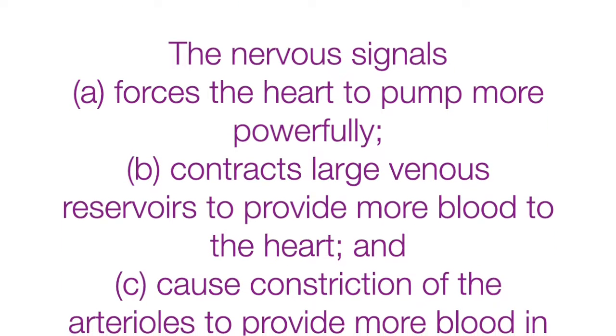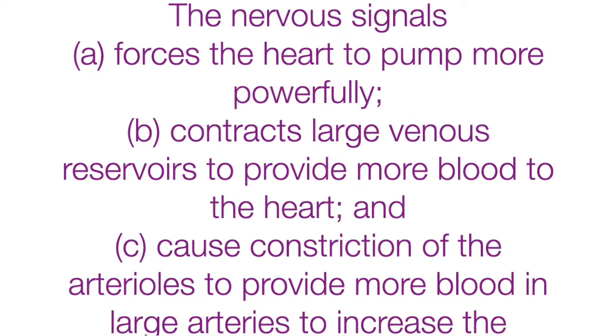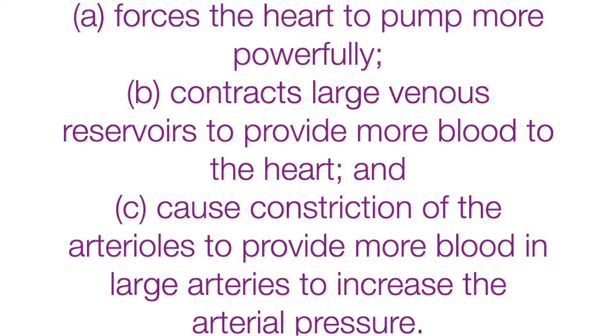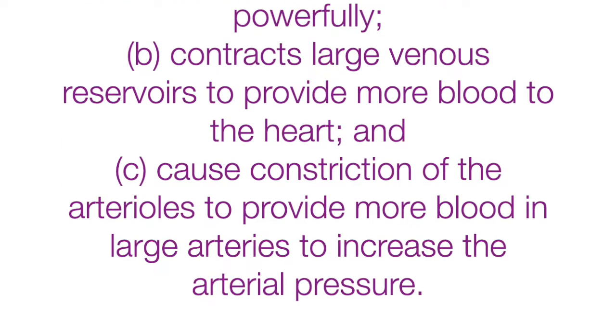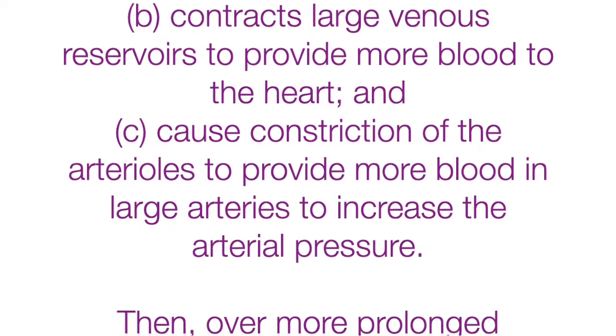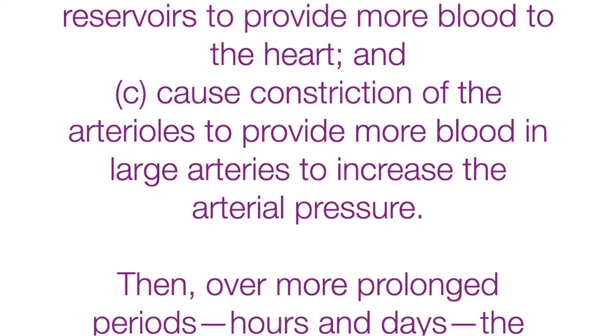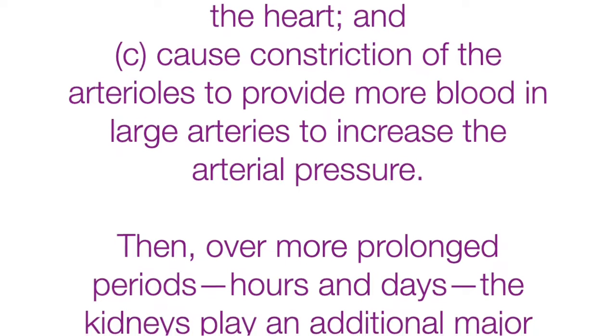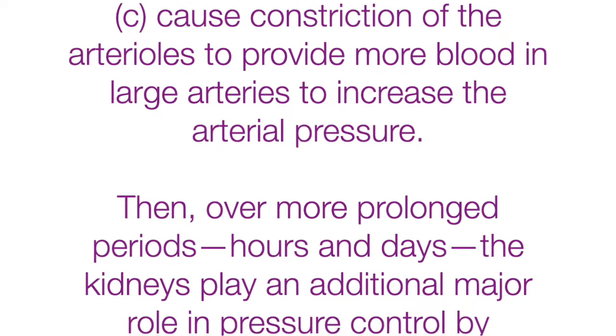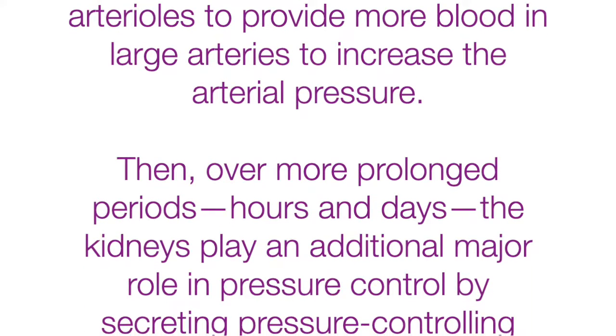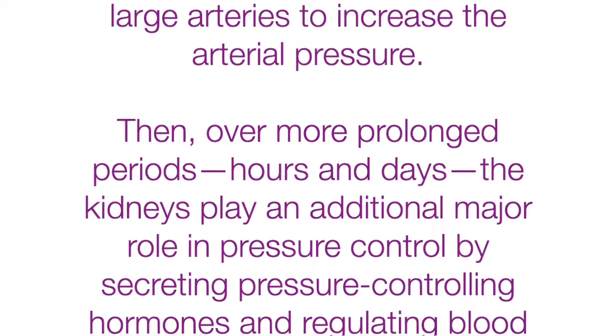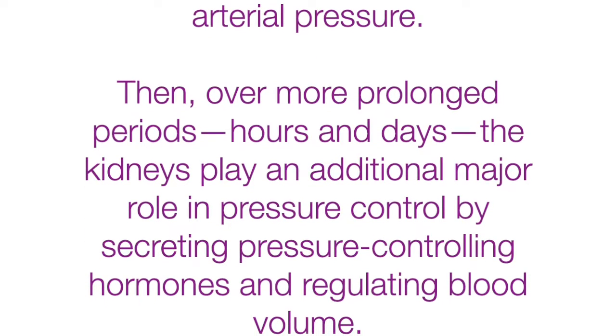The nervous signals force the heart to pump more powerfully, contract large venous reservoirs to provide more blood to the heart, and cause constriction of the arterioles to provide more blood in large arteries to increase the arterial pressure.